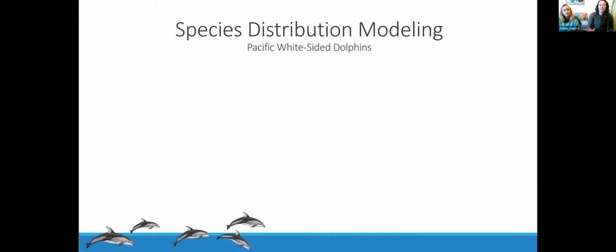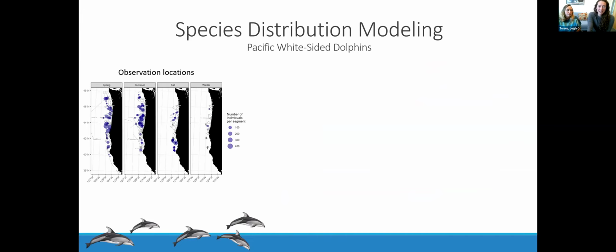So let's look at an example of those steps I just described in schematic form with a real animal that we see out there. Pacific white-sided dolphins are a species that we commonly observe out on the water on all of these surveys. And these are maps of our observation locations of where we saw Pacific white-sided dolphins in each season over all of the survey effort that Leigh described.